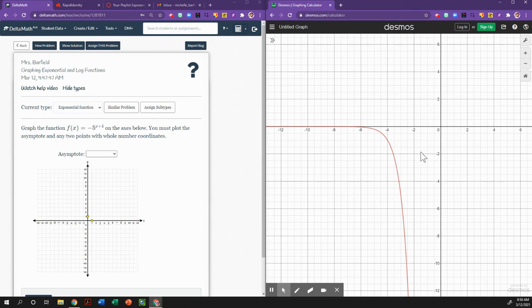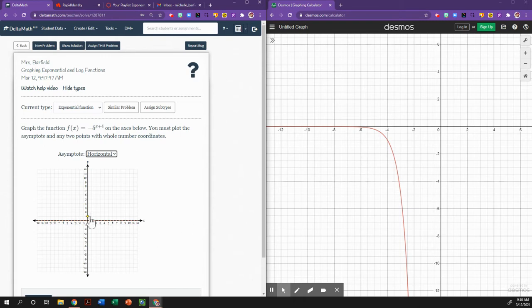In our case, the asymptote is a horizontal one. It will always be horizontal in your entire assignment. So I'm going to put horizontal. You'll see this nice dotted line has now appeared. I'm just going to click on it and move it up to where it's supposed to be, right here on the y-axis.